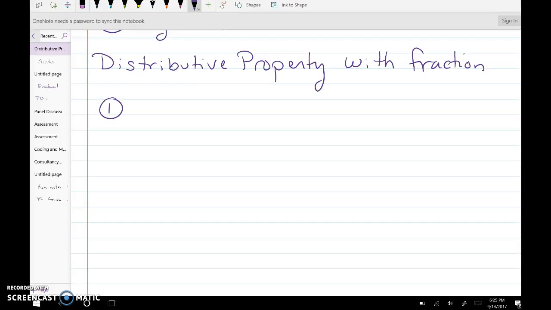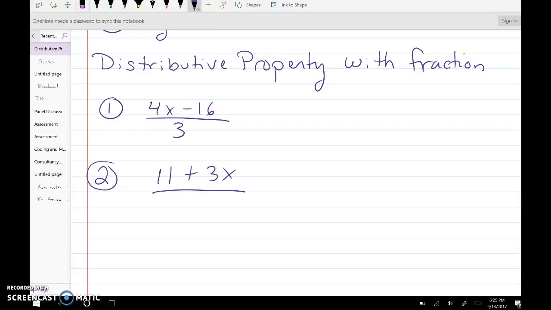First problem is (4x minus 16) divided by 3. And the second problem is (11 plus 3x) divided by 6. Now you're going to put these all in on the video, and it's going to be sent to me, and I'll do it all online. You don't have to rewrite these problems and hand them in.